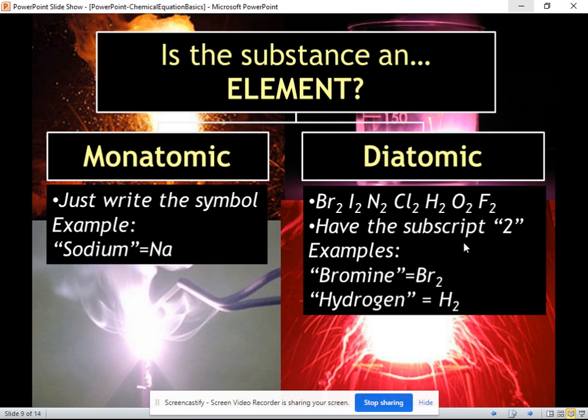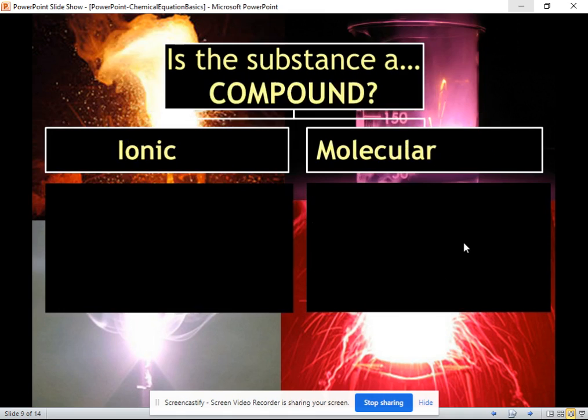Okay. Now, if your substance that's listed in the word problem is a compound, and you'll know that because it'll have a 2 or possibly 3-part name, more than likely 2 though, your next step is to decide, is it ionic or molecular? So ionic usually involves metals and nonmetals, okay? That's what the M and the NM stand for.